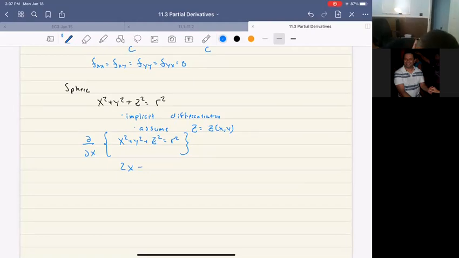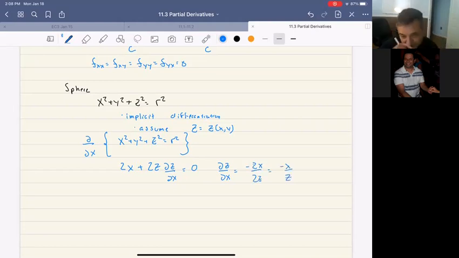But z, we've assumed, is dependent on x and y. So 2z times the partial of z with respect to x equals 0. Partial of z with respect to x is negative 2x over 2z, negative x over z.